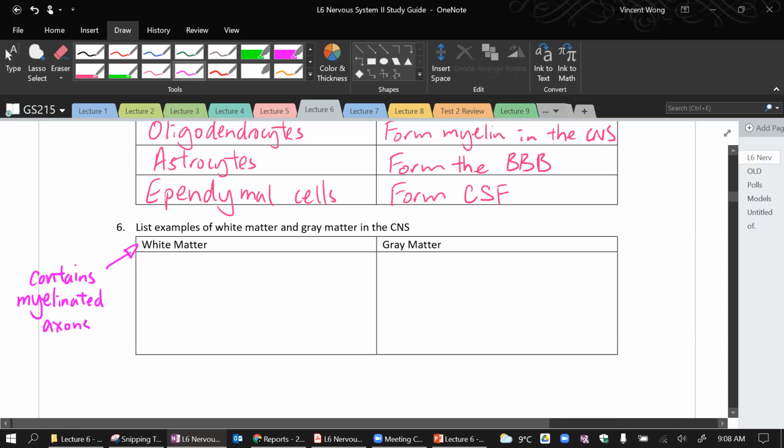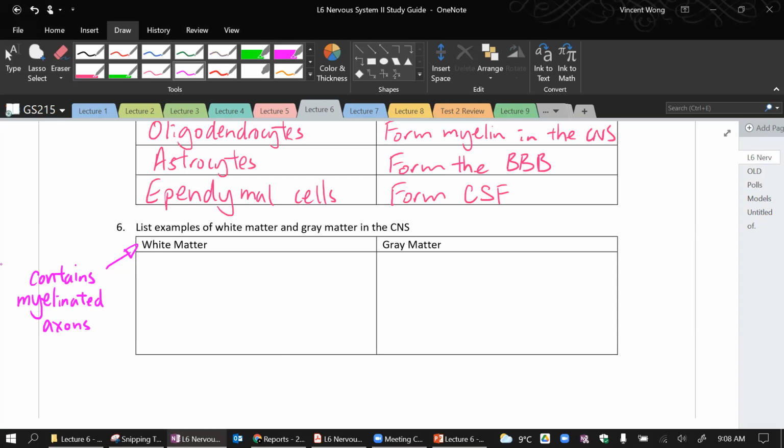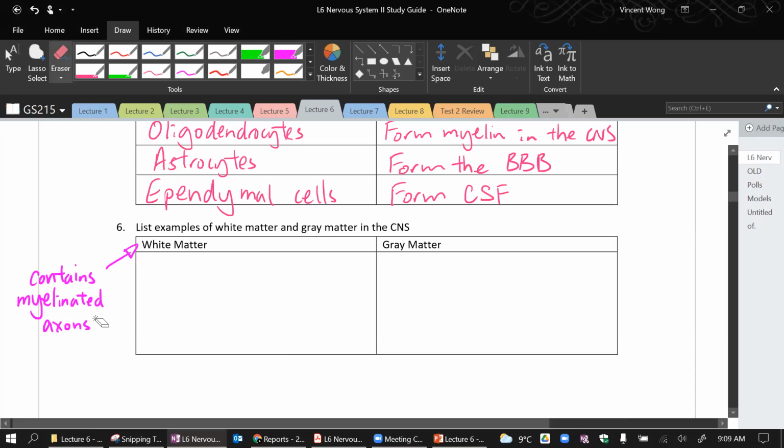Again, the myelin is the waxy substance on top of the axon that speeds up signal transmission. It's created by either Schwann cells or oligodendrocytes, depending on where you are in the nervous system. And it's a whitish, grayish, waxy substance. So that makes up the white matter of the CNS.